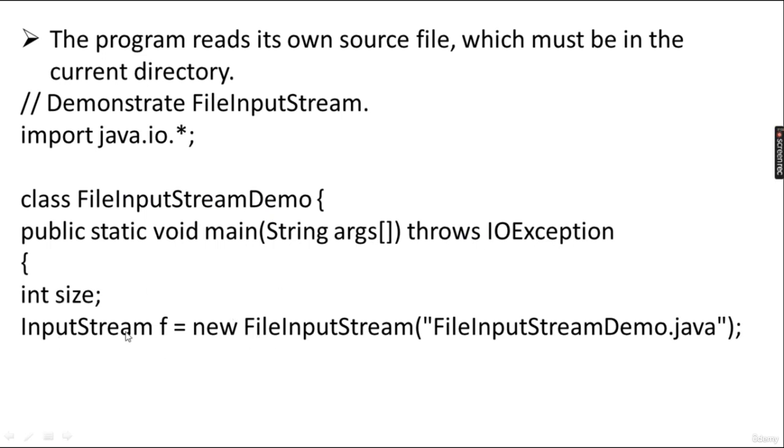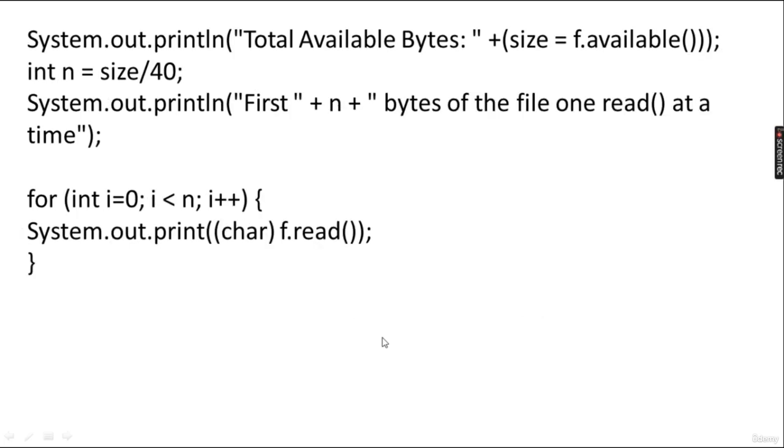First of all, we create a size integer variable and a new file input stream, FileInputStreamDemo.java. Total available bytes, f.available. Then n is equal to size divided by 40. First n bytes of the file, one read at a time.